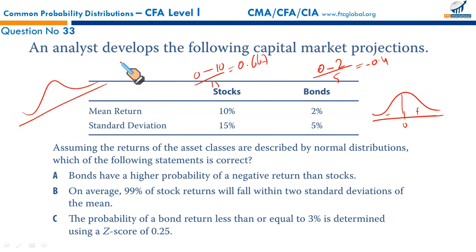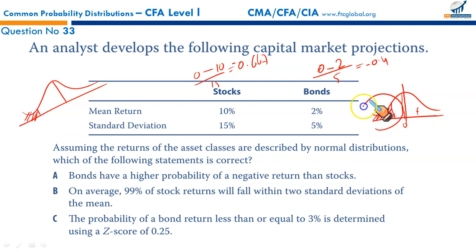Now, it means 0.4 standard deviation from the mean. That would be somewhere here. And in this case, negative 0.67 standard deviation from the mean.